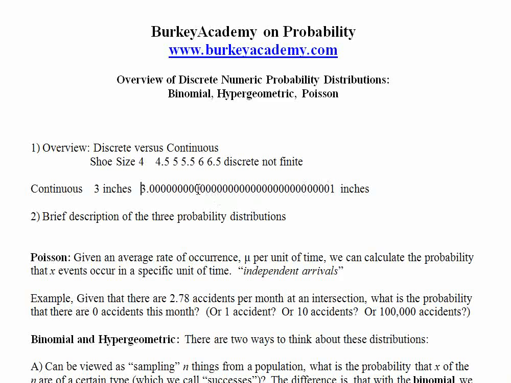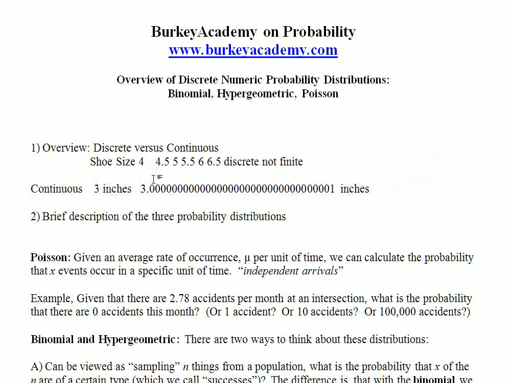The probability of any one particular number, whether it's 3 inches or 3.2 inches or pi inches, is going to be 0. With an uncountably infinite number of possibilities, the probability has to be smeared evenly over all of them. You can't assign a positive number to any one possibility for a continuous probability.